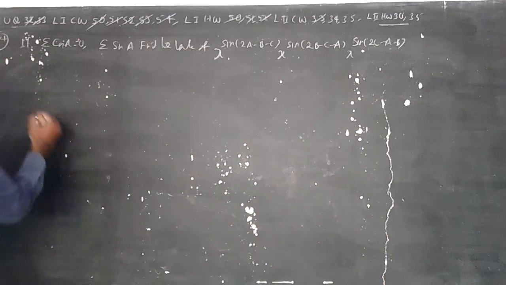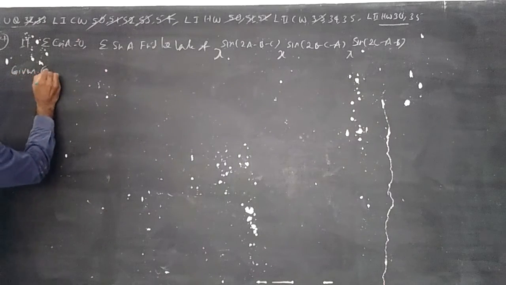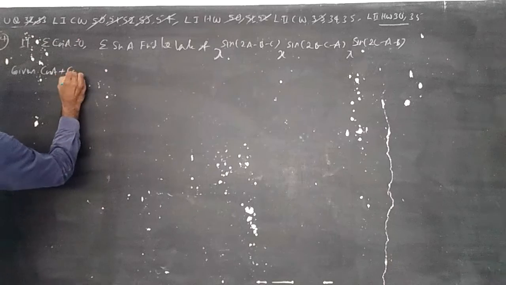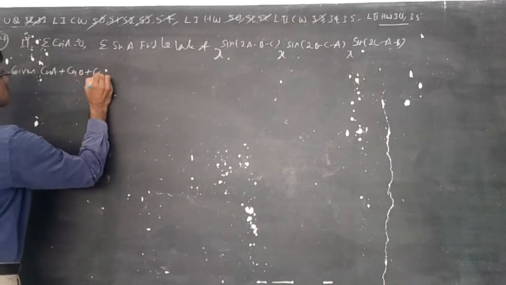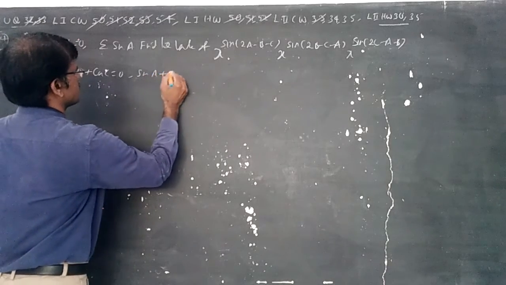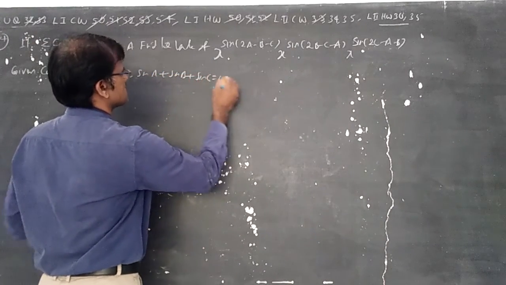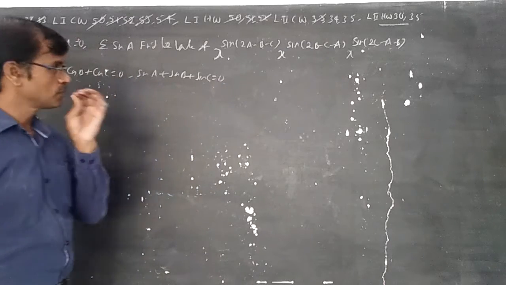Here sigma cos A equal to 0. So given cos A plus cos B plus cos C equal to 0 and sin A plus sin B plus sin C equal to 0.